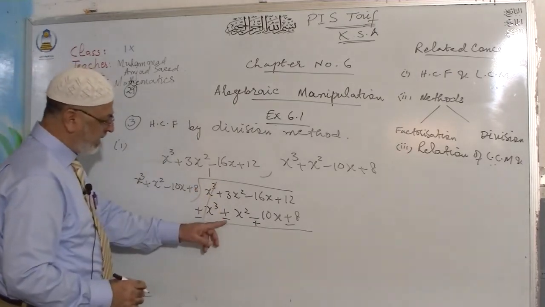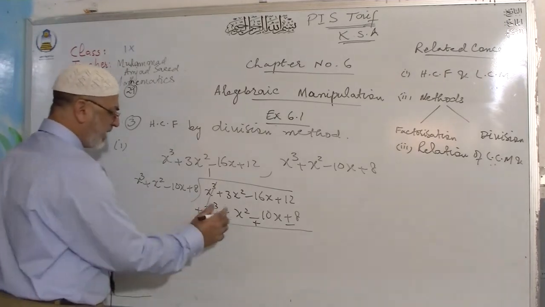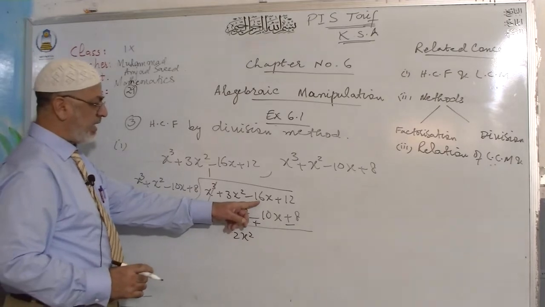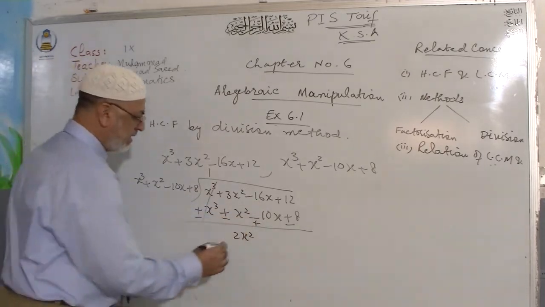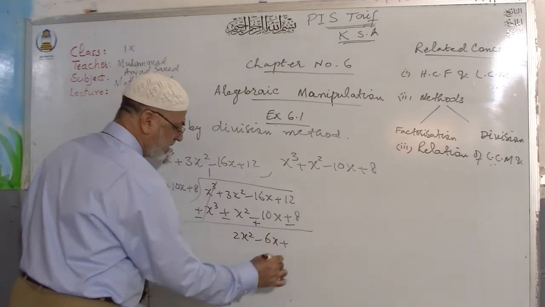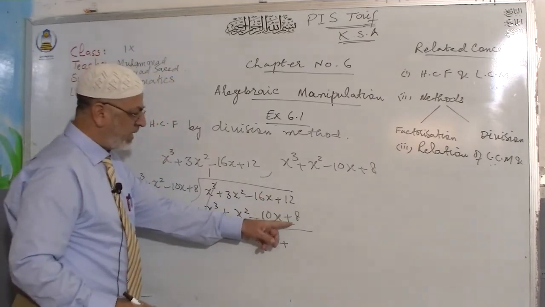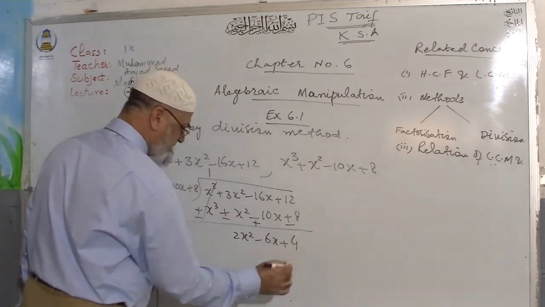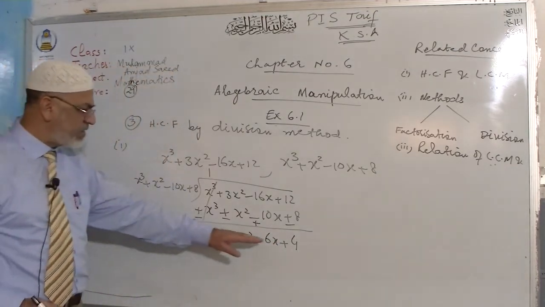3x square minus, now it is not plus, it is minus 1x square, 2x square. Here is minus 16x and plus 10x. Here will be minus 6x. And 12 minus 8, not plus. 12 minus 8 is 4. Dear students, you can check.